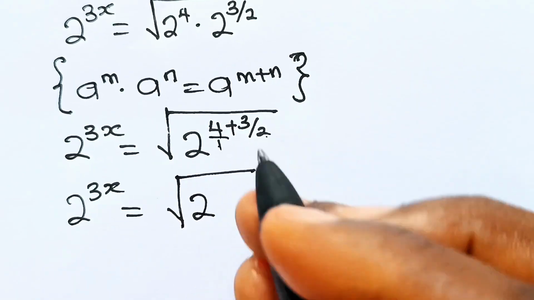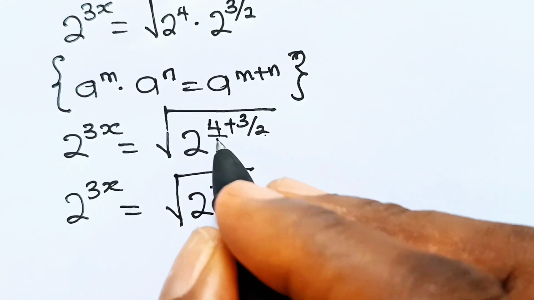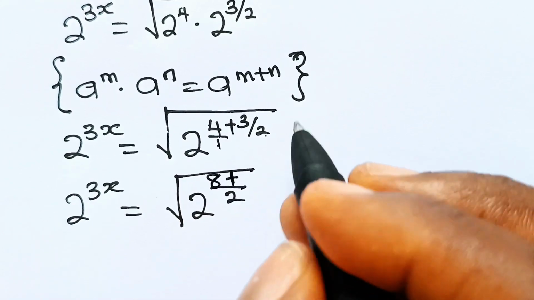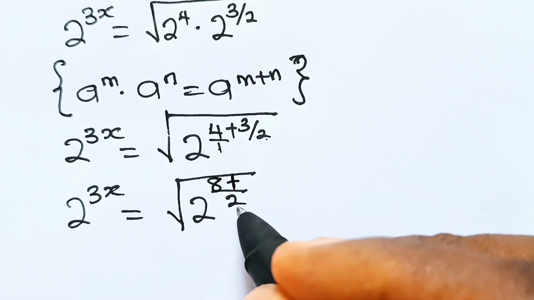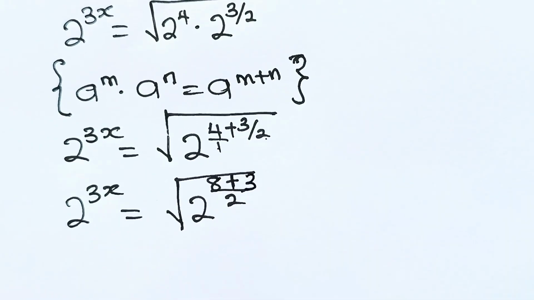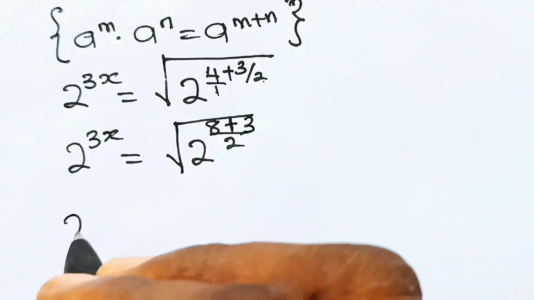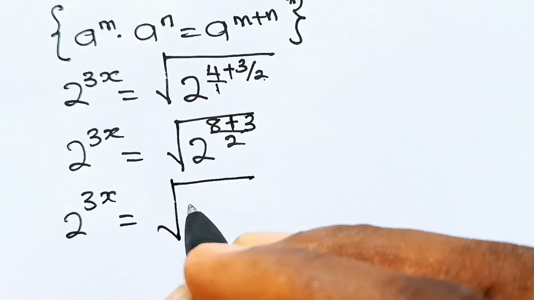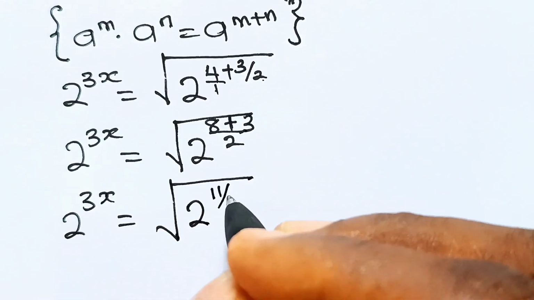The LCM of 1 and 2 is 2. When 1 divides 2 is 2, 2 times 4 is 8, plus when 2 divides 2 is 1, 1 times 3 is 3. So we have 2 to the power of 3x is equal to the square root of 2 to the power of 11 over 2.